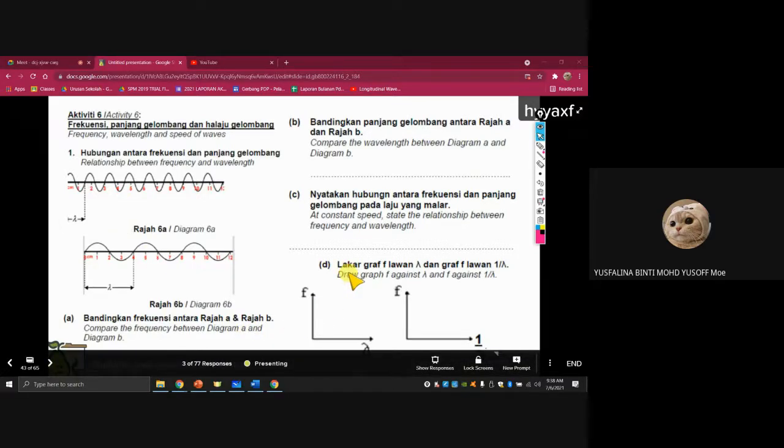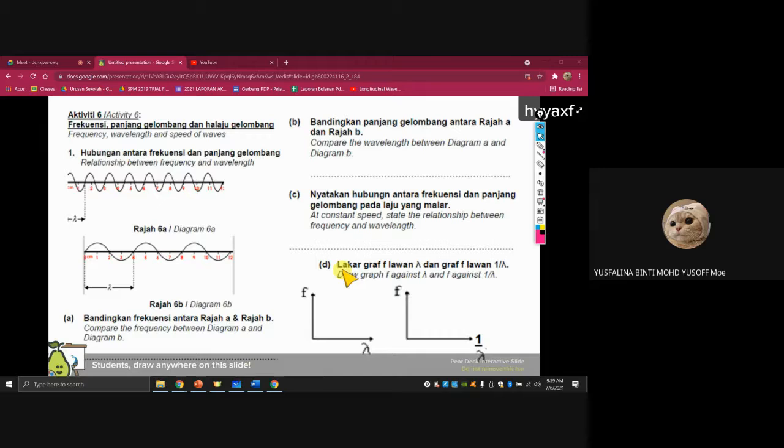Which one has the higher frequency, A or B? If you want to see the frequency, you can see the graph. If the graph is much closer to each other, let's say from crest to crest is much closer compared with another diagram, it means the frequency is higher.